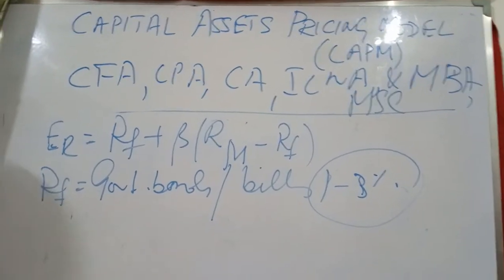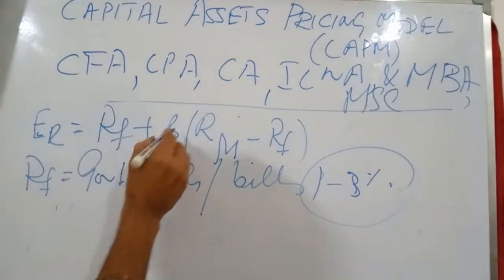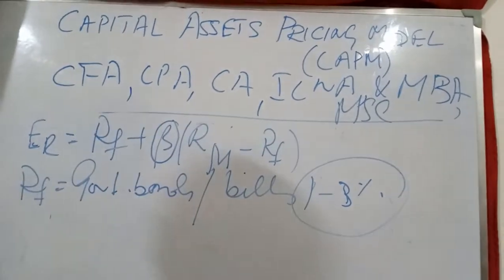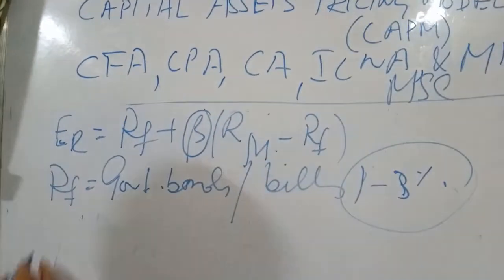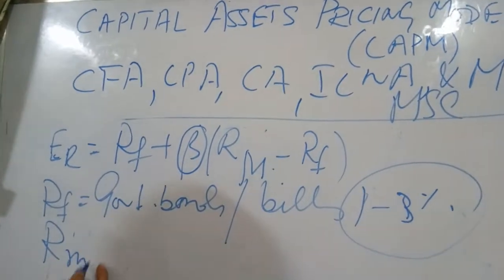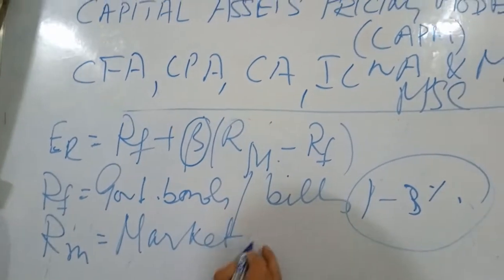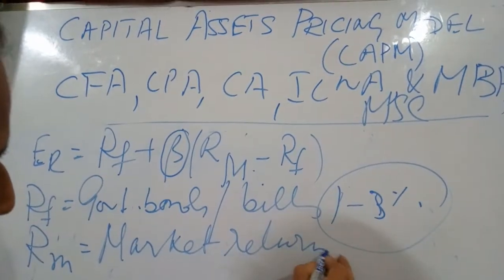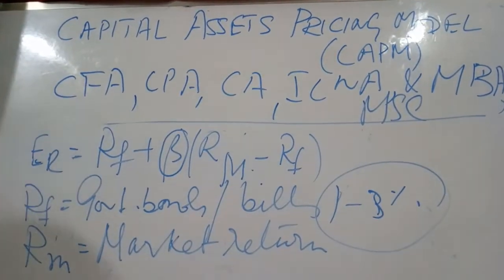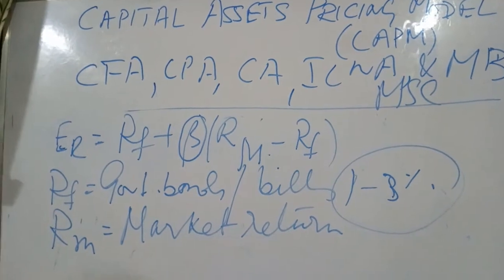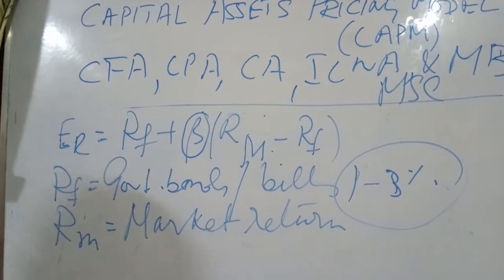I am coming to beta at a later stage. Now we come to RM. RM is the market return. That is the return one gets from the market. That is the average return the market is providing to the investors.